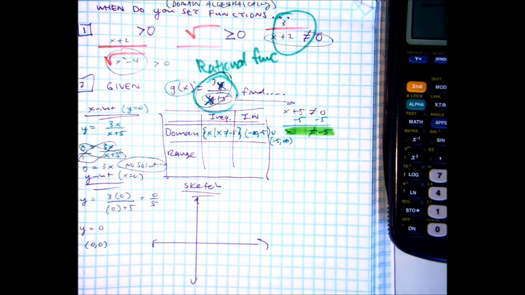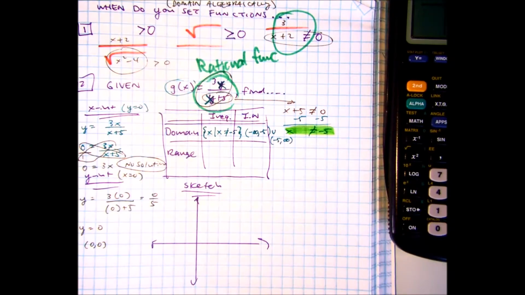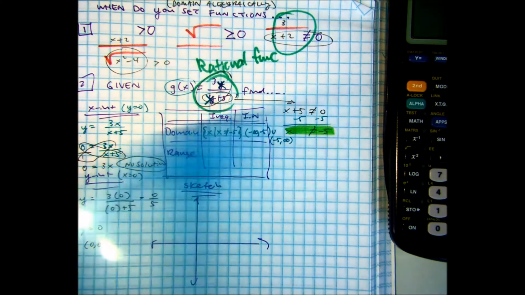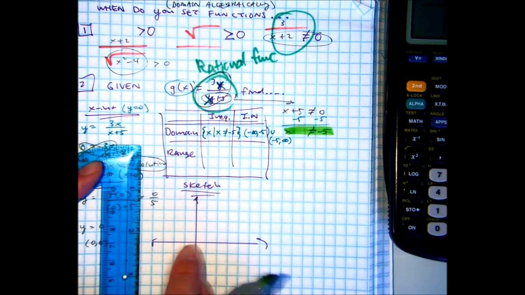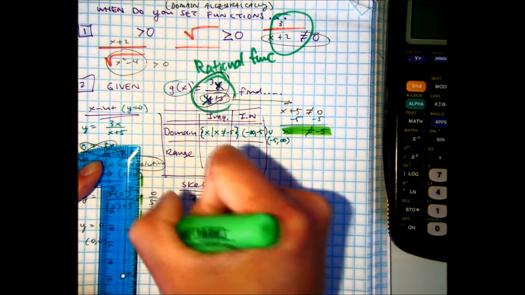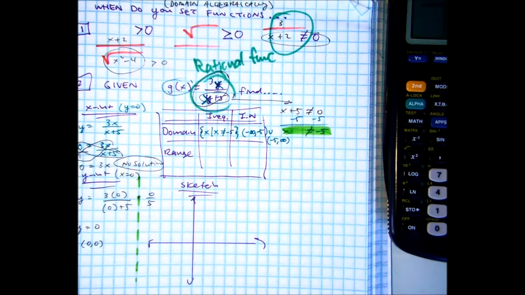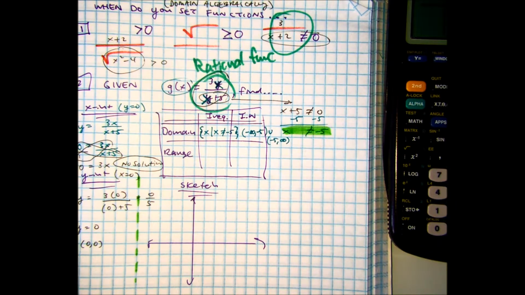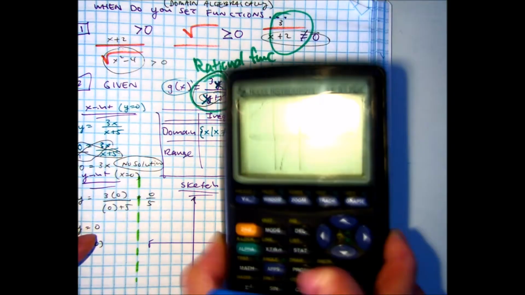So next week we'll actually know how to graph every single part of the rational function. We're just building our skills to get some of them. So I'm going to go to x equals -5. I'm going to draw a dotted line for my vertical asymptote, my infinite discontinuity, and you'll notice something.